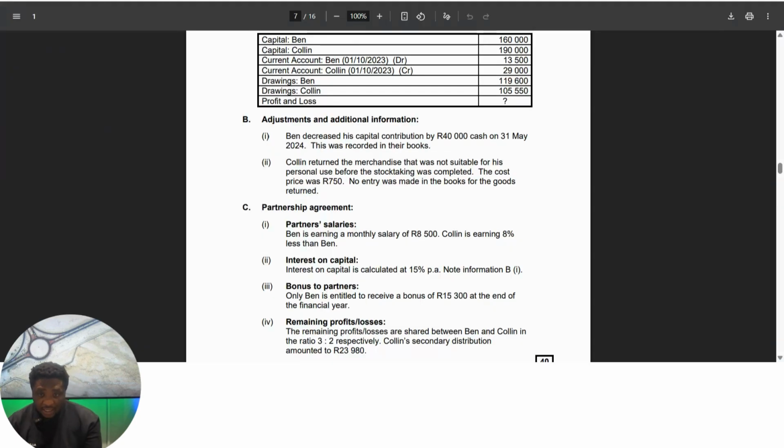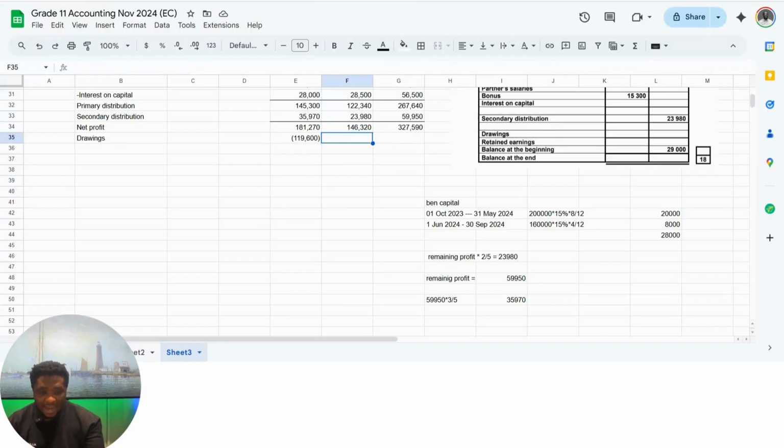Now let's go to the drawings of the second partner. So it says here that he returned merchandise that he had taken for personal use. So basically before that you'd have had drawings, and it says no entry was made in the books. So in that case, because he's returning the stuff, we're going to have to subtract from his drawings. So it's going to be 105,550 minus the 750.